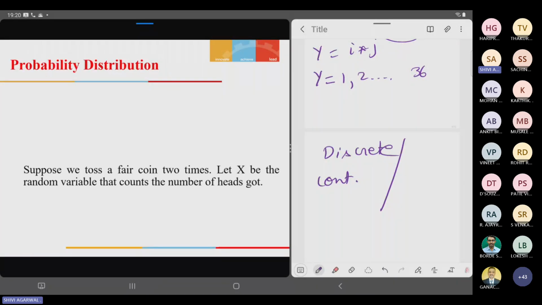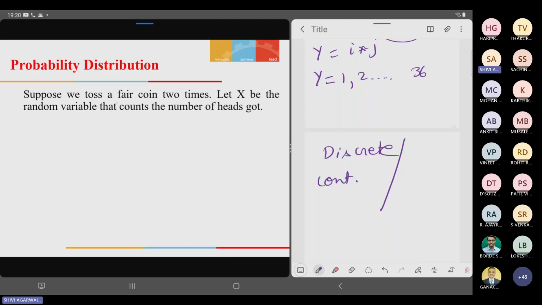So what is the probability distribution? All things I am just trying to explain by example only. Suppose we toss a fair coin 2 times. Let X be the random variable that counts the number of heads got. Only 2 times. The total sample space is HH, HT, TH, TT. X counts the number of heads.